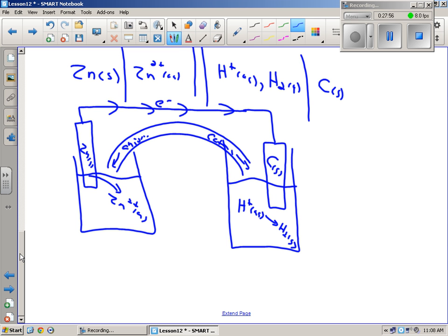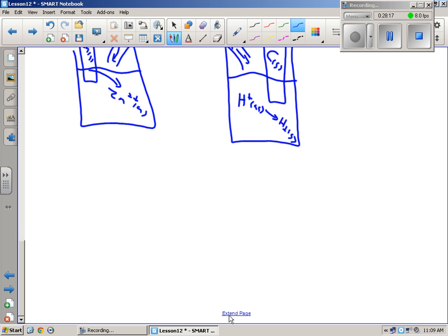Okay? Good? Questions, anyone on that? Questions? The net cell potential of this, how many volts could I expect to get out of this? Let's see. We'll take the net equals the cathode minus the anode. The cathode is a hydrogen half cell.